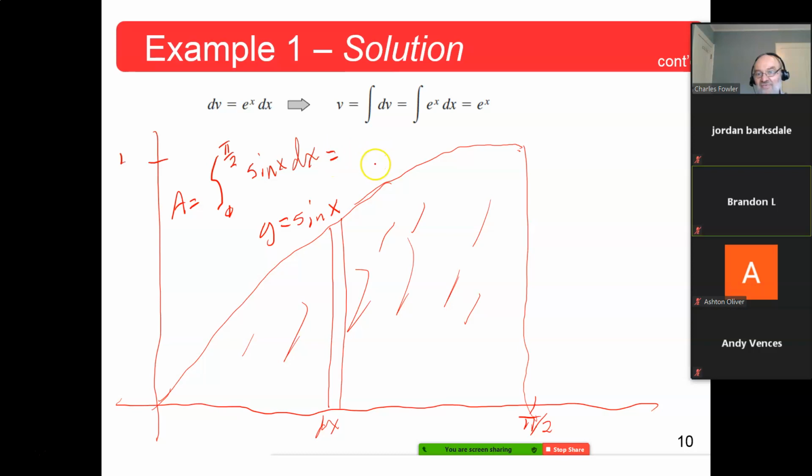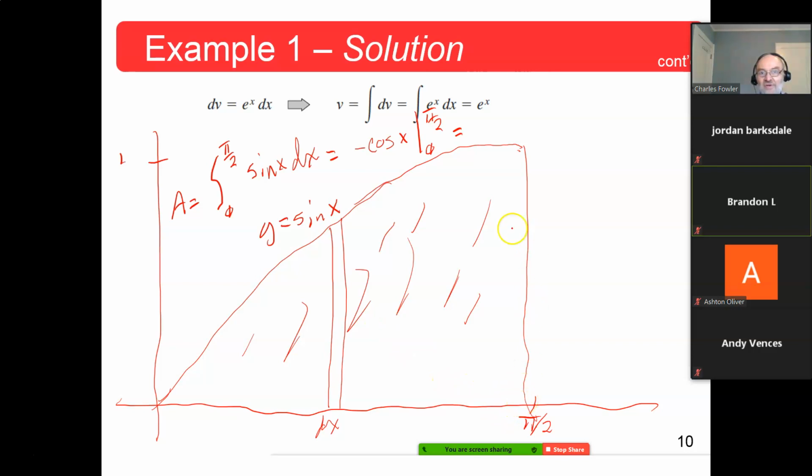Okay, well, what's the antiderivative of sine x? Minus cosine x, evaluated from 0 to pi halves. Okay, well, when cosine is pi halves, now remember cosine starts here at 1 and it goes down to 0 at pi halves.